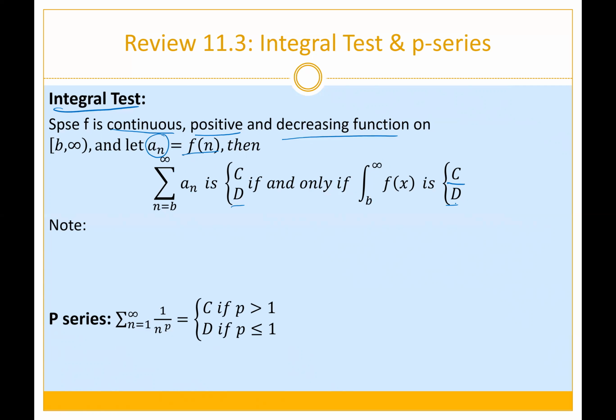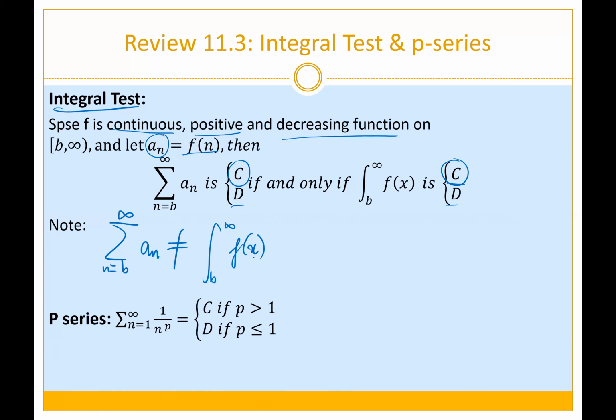The note here: even though you find the convergence from here to here, they are not equal to one another, which means the series of a_n is not equal to the integral from b to infinity of f(x). They just have an association that if one is convergent, the other is convergent.